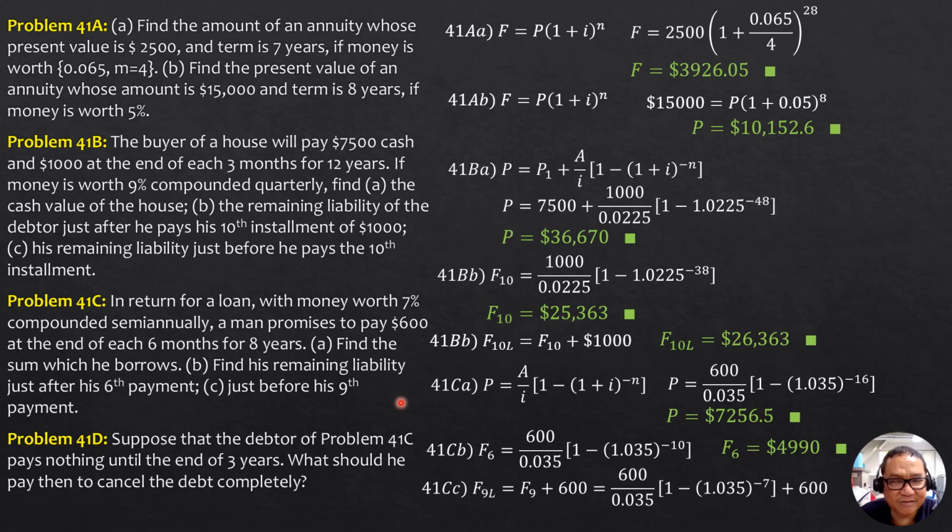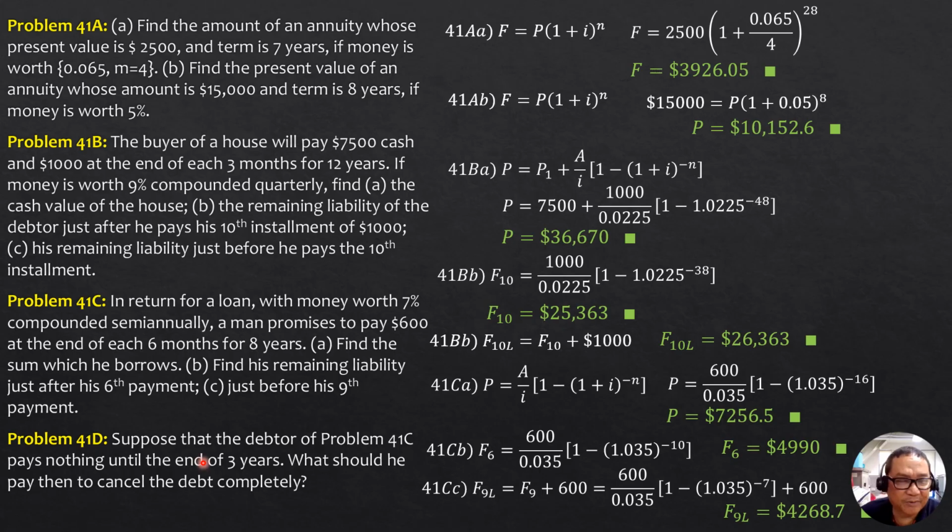So 16 minus 10 is 6, plus 1. So that's why it's 7 there. Then plus $600. So 600 over 0.035, quantity 1 minus 1.035 to the negative 7, plus 600, and that is 4,200 something, 60 plus.